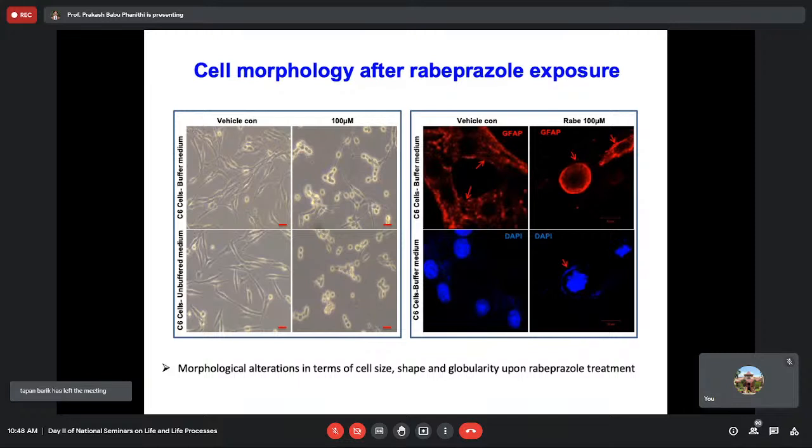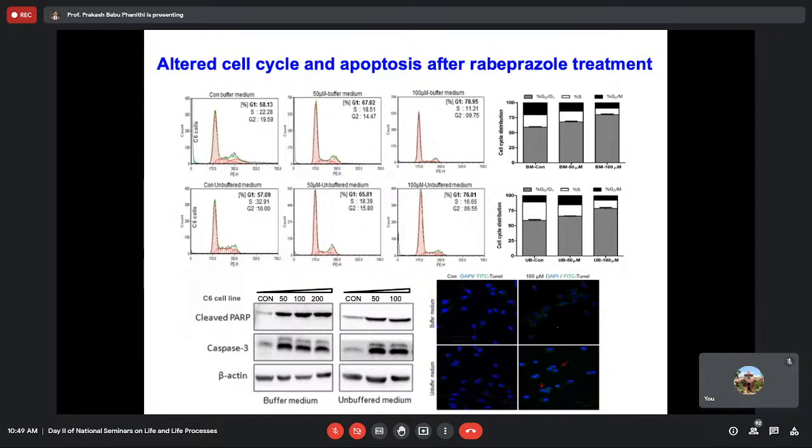The cell morphology has changed, indicating that these cells might undergo apoptosis. So this can be used to reduce the tumor cell load, prevent cell proliferation, or induce cell death. When we checked with FACS analysis also, it is pushing towards the apoptotic mode of cell death.